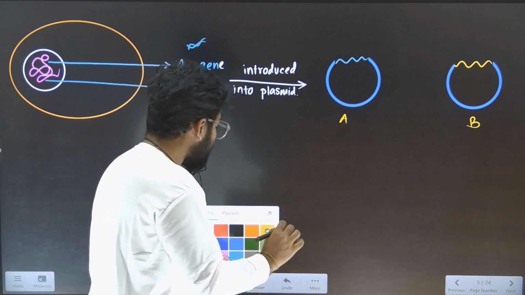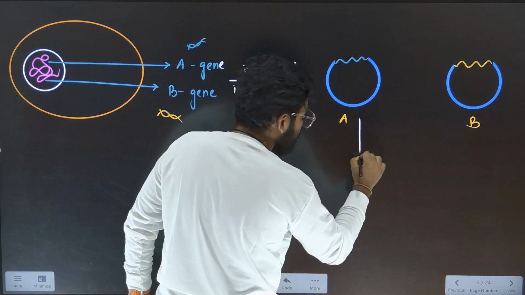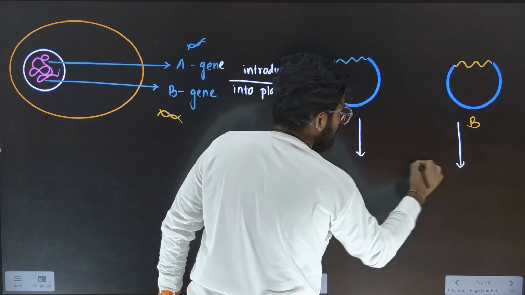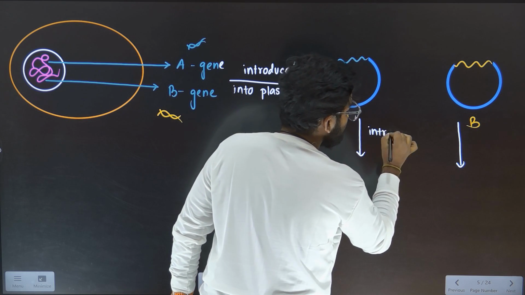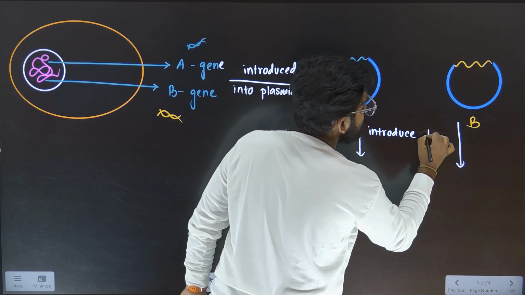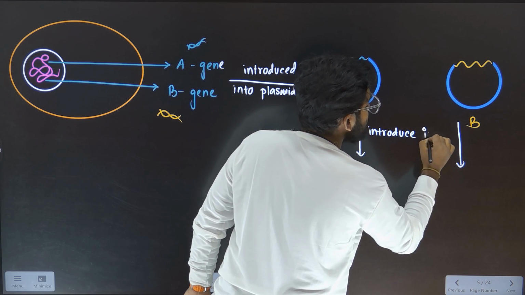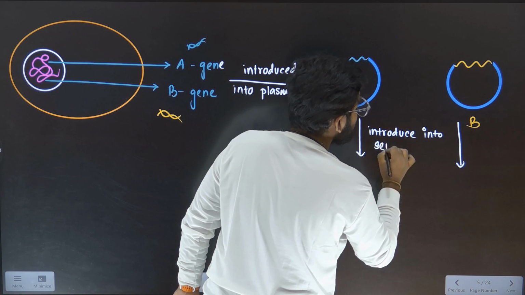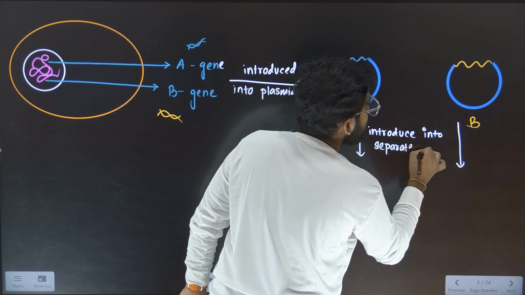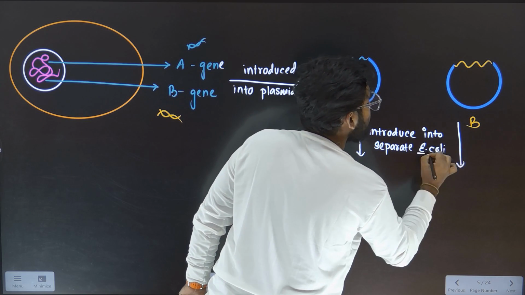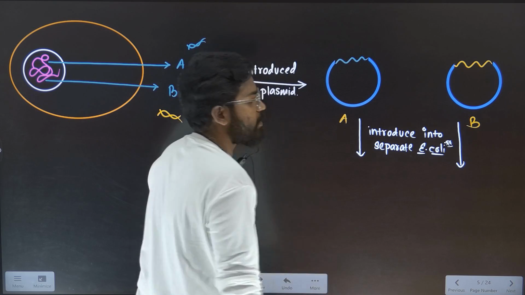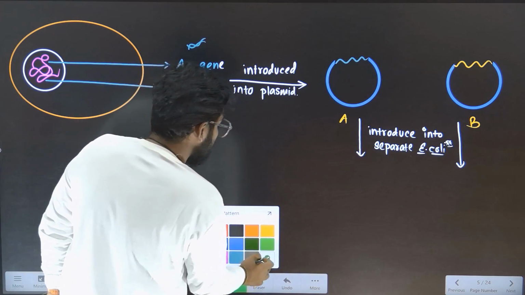Now we will separately transform, or rather we can say introduce into separate E. coli. A very, very important term. The bacteria used is E. coli. So say this is an E. coli.